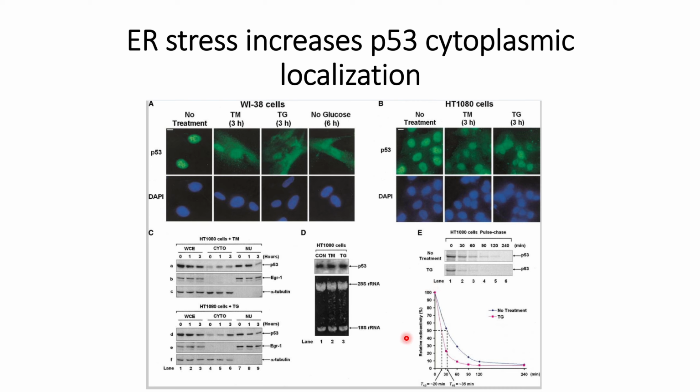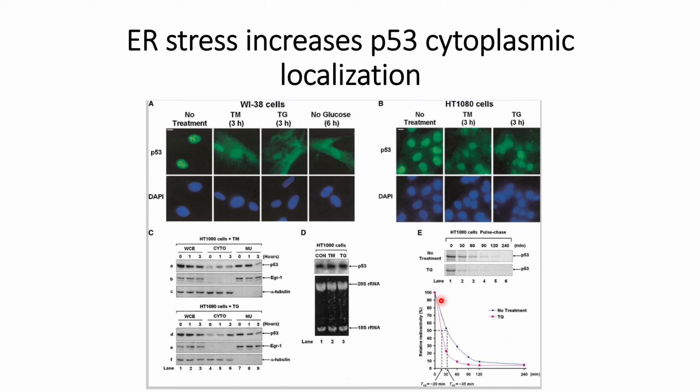With time they measure the radioactivity, and they can see in this panel that the amount of p53 decreases. The percentage of radioactivity decreases at a slower rate in the no treatment cells compared to the thapsigargin treated cells.